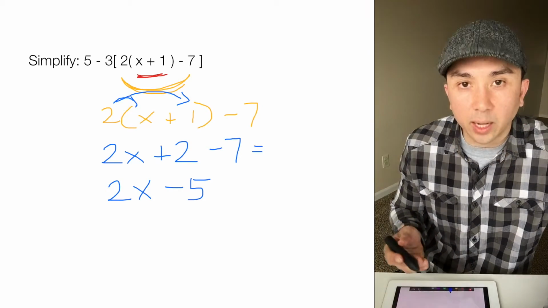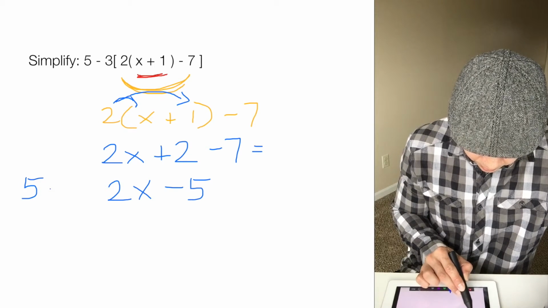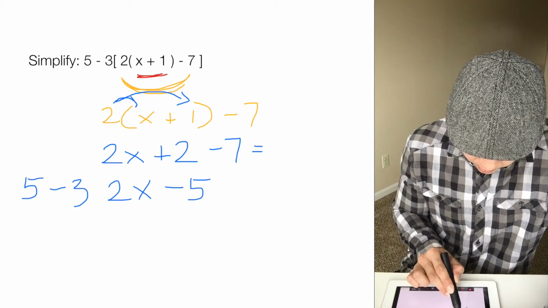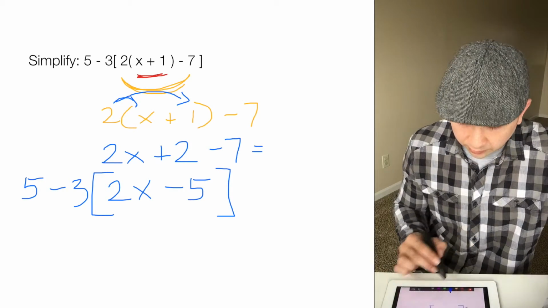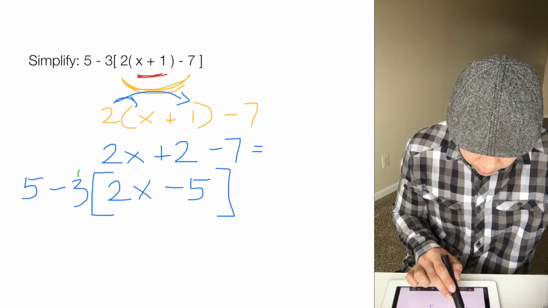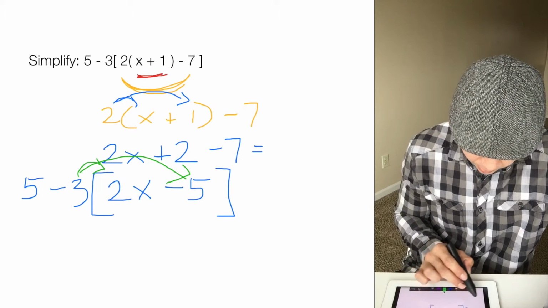So now we can rewrite our algebraic expression as 5 minus 3 times 2x minus 5. So now we can use the distributive property to distribute 3.